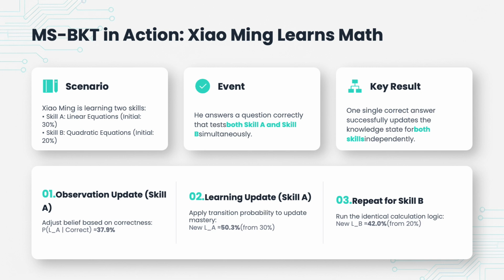We first perform the observation update for linear equations, raising his probability to about 38%. Then, we apply the learning update, increasing it further to roughly 50%. Crucially, we do the exact same calculation for quadratic equations, because the question tested that skill too. So, with one single action, we've updated his progress in two different areas. That's the power of MS-BKT.